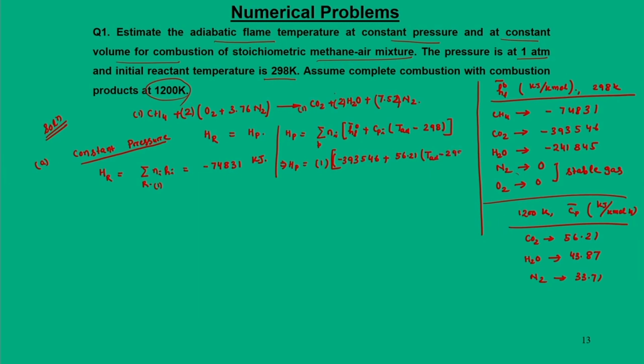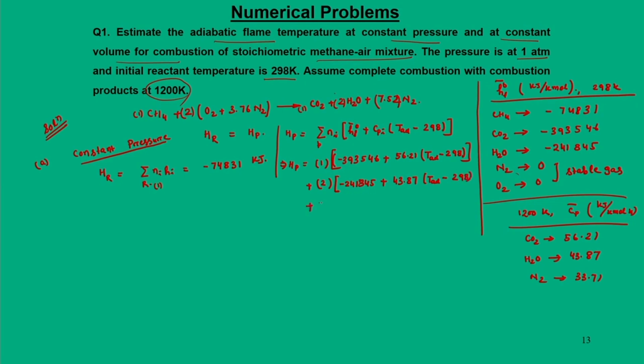The second term will be 2 moles, and we write the same information for water: minus 241845 plus 43.87 times (T adiabatic minus 298).